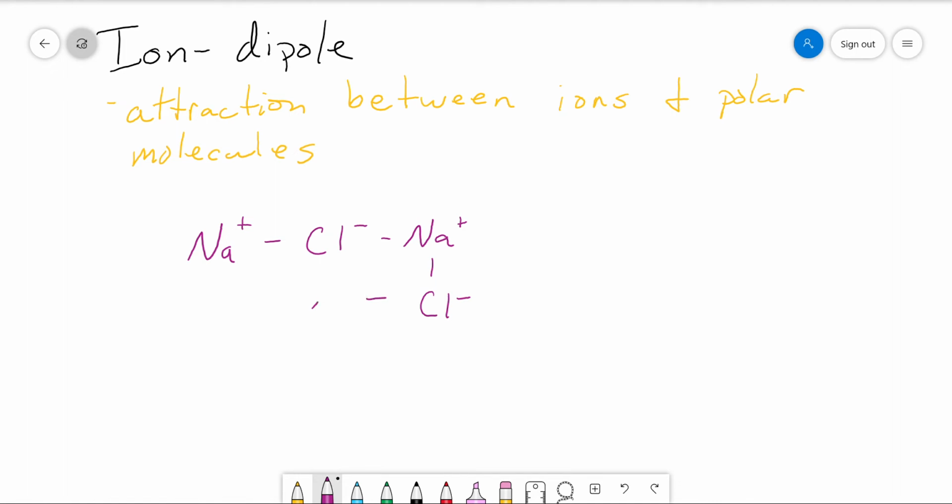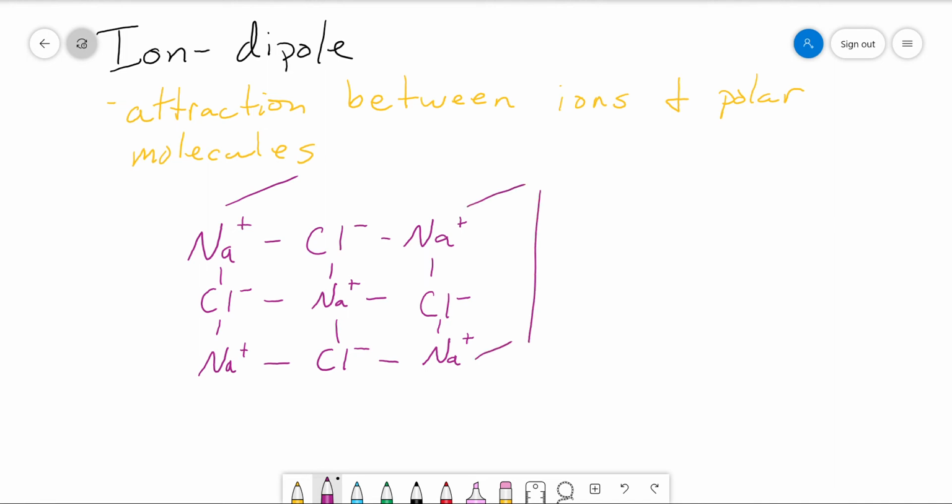And I'm not going to go on forever. It's just going to feel that way. Again, we can't really tell which sodium belongs to which chloride. This is a little three-dimensional crystal of salt, so we have the cation and the anion.